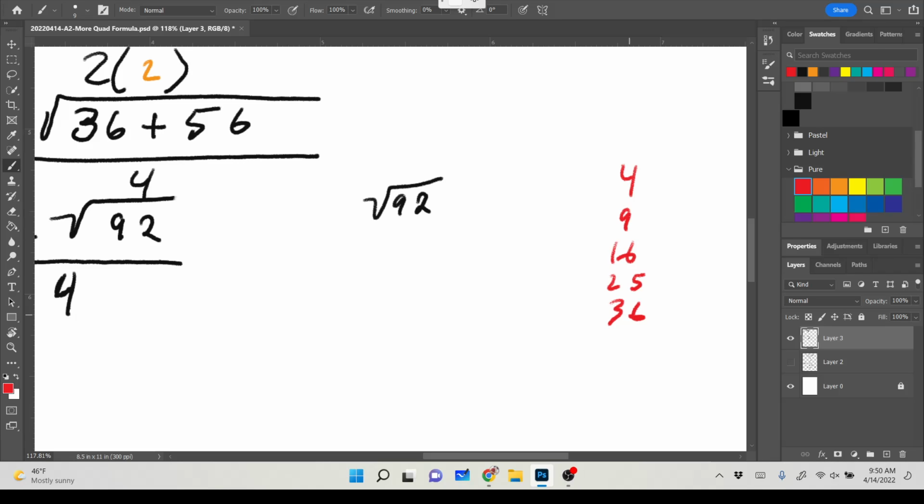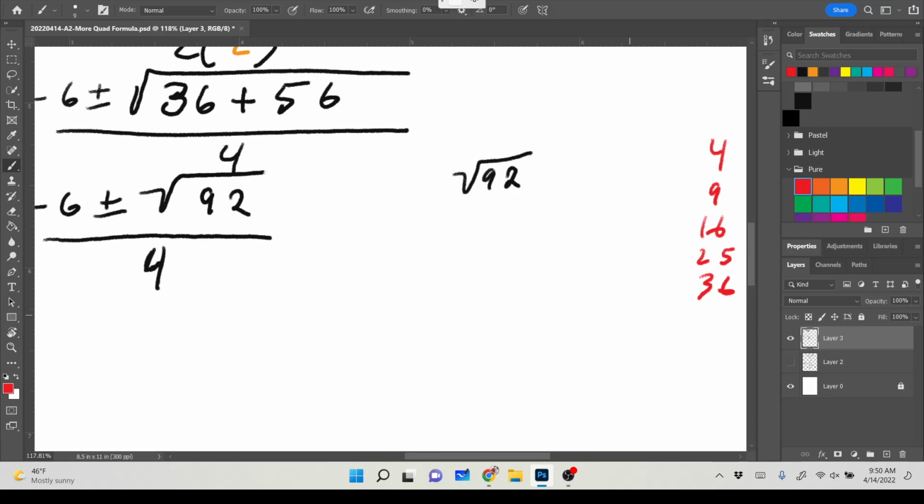That's plenty to start with. Do any of those go into 92? You can check it on your calculator, right? So do any of those perfect squares go into 92?